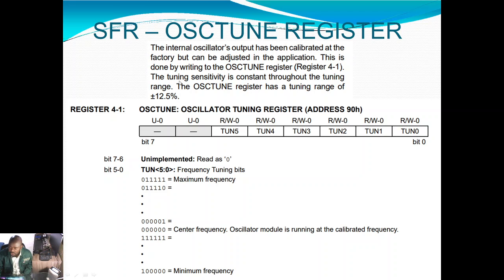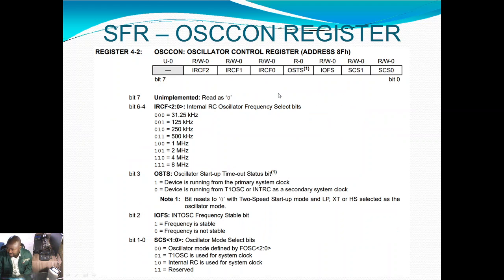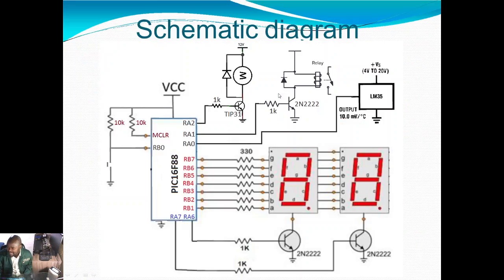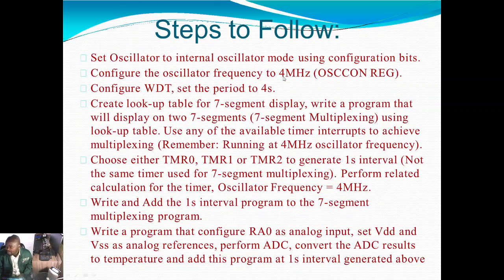You will tune your frequency if you want to recalibrate your center frequency, if your application is time sensitive and the center frequency is not exactly 4 megahertz. In this case, knowing that this comes calibrated, I will assume that the center frequency is exactly 4 megahertz, right? Now, with that said, I have successfully configured my internal oscillator to run at 4 megahertz.